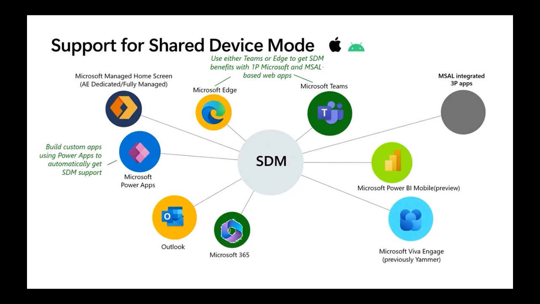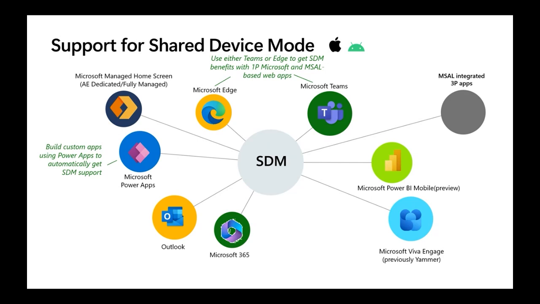If you have an app that you need that's not on this page, but you want to get that kind of single sign-in, sign-out functionality, you have a couple of options. So for Microsoft applications, you could use either Teams or Edge to run a web version of that app and still get those benefits.